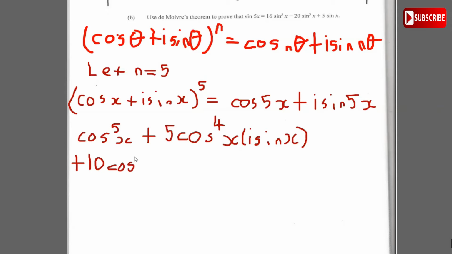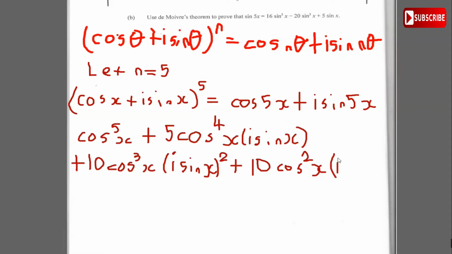It's now cos cubed x times i sine x squared, plus it is now 10 cos squared of x multiplied by i sine x cubed, plus, then it's going to be 10.